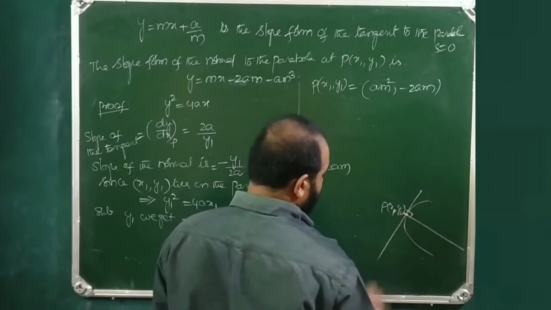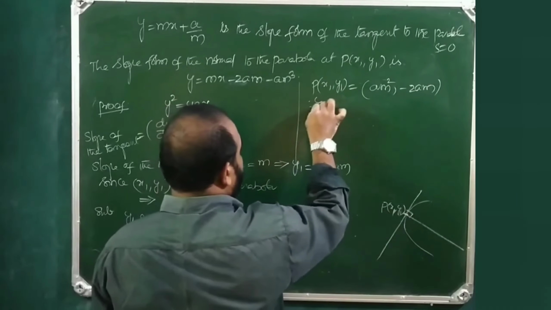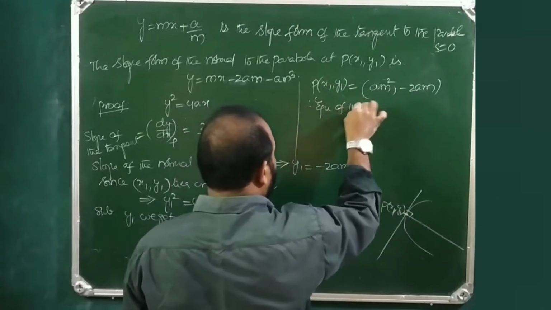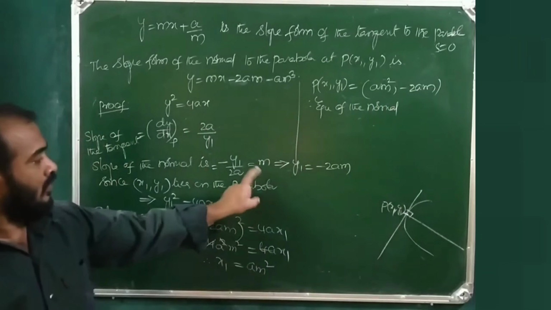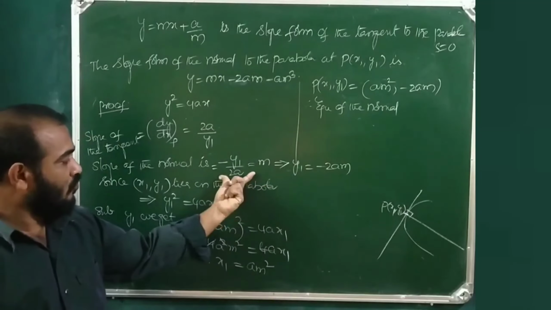Right? So therefore, the equation of the normal: what is its slope? Normal slope is -y1/2a, right?